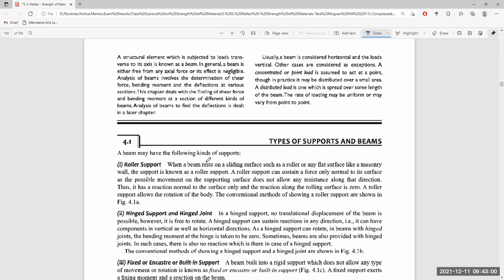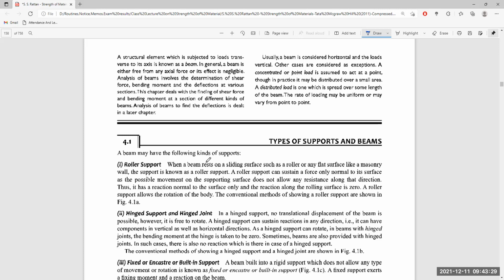This external load can be a concentrated or point load acting only at a point, or over a negligible area. A distributed load is one which is spread over some length of the beam. The rate of loading may be uniform or may vary from point to point.